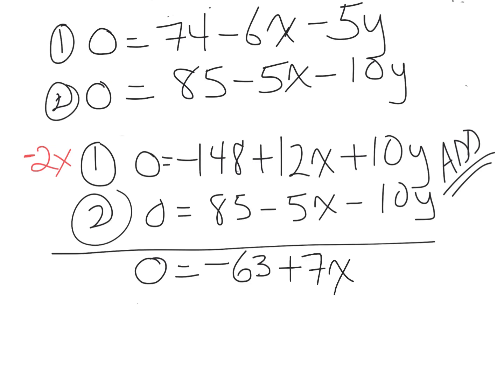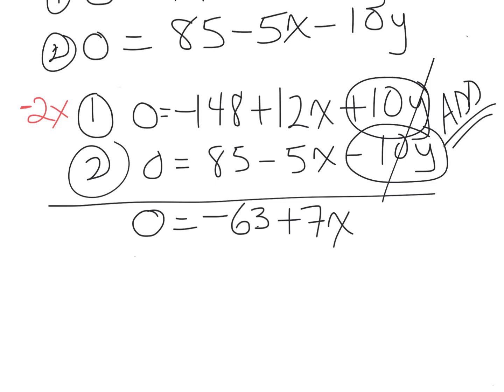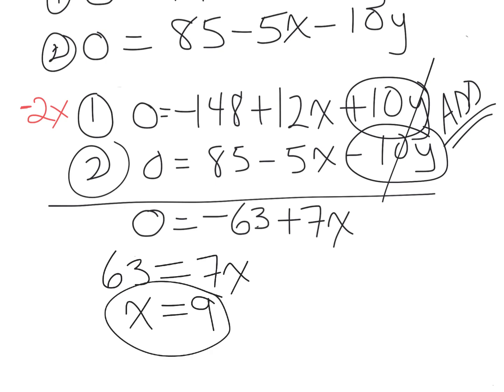And of course, our whole purpose was minus 10y plus 10y. That's 0. That eliminates that variable. So now I can add 63 to both sides, divide by 7, and I find that x equals 9. So the number of spas that should be sold to maximize the revenue would be 9.